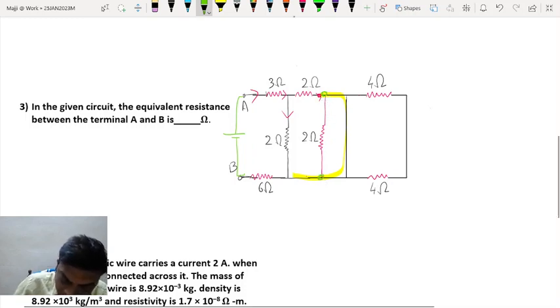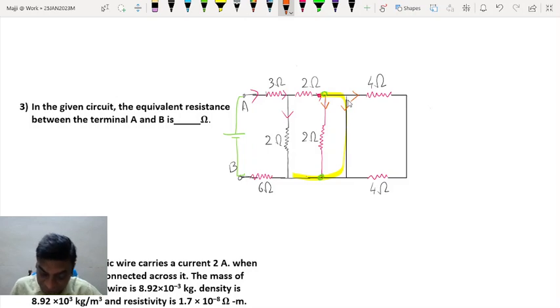Here the current is supposed to go like this in these three situations, but since a resistanceless path is already available, no current will flow through these resistors. So the situation will become something like this.